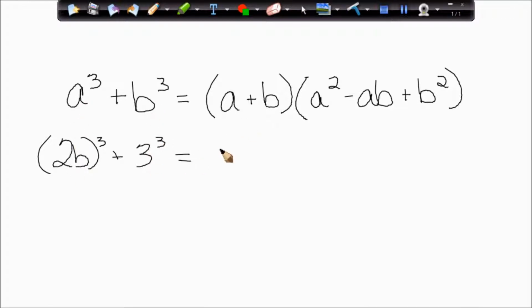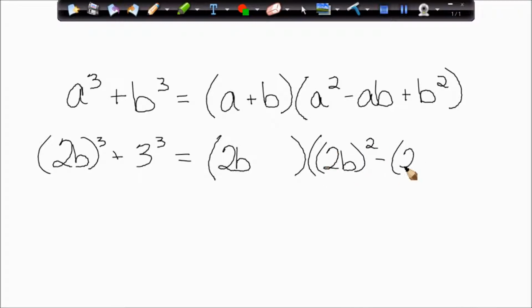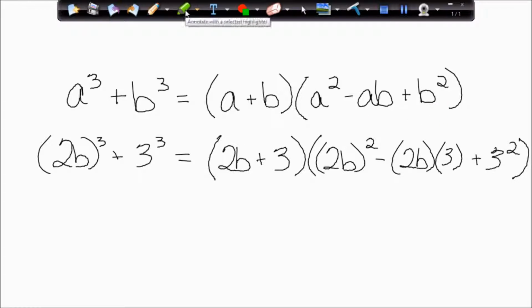So everywhere we see an a, we're going to replace it with 2b. 2b squared minus 2b. All right, and everywhere we see a b, we're going to replace it with a 3. Plus 3 squared. Okay, so just replace each b. So, yeah, let me highlight just so we can be really clear. Everywhere we see an a, we want to replace it with a 2b.